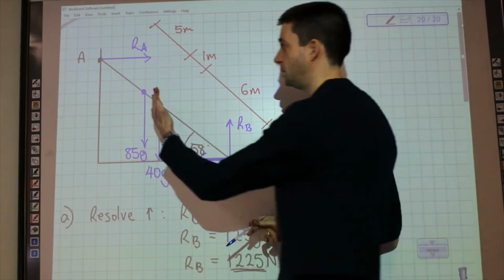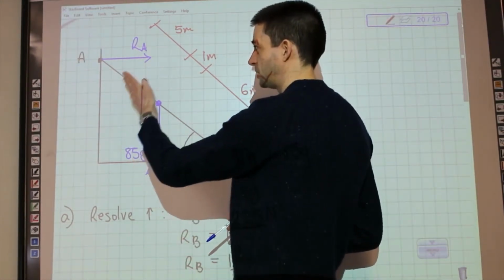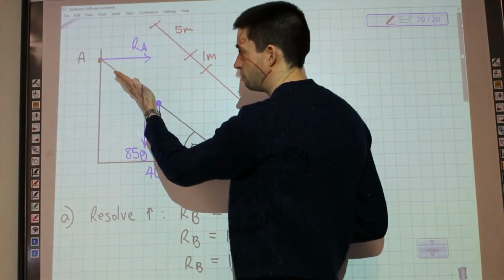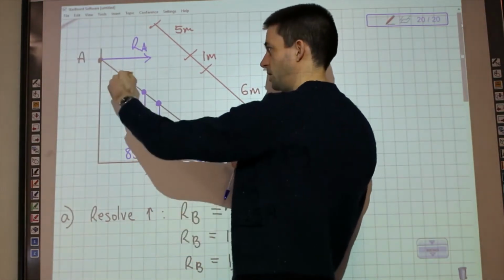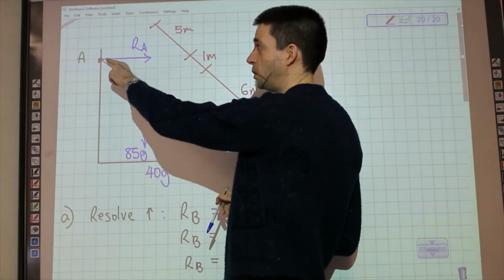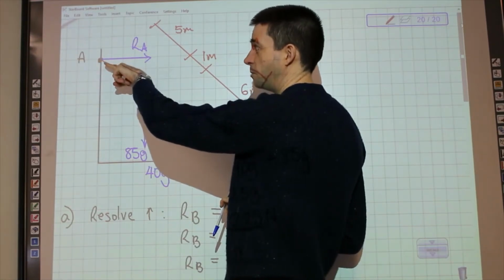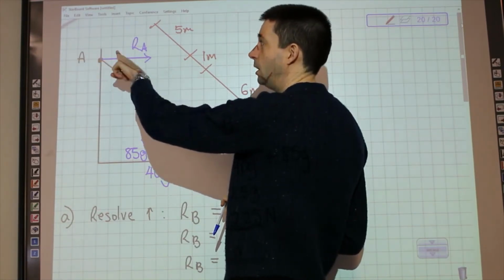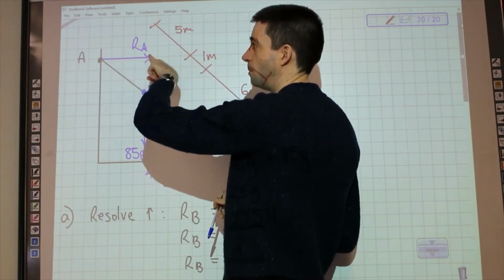Because if the man moves further up the ladder, and you consider that what's happening is, as he does that, he's exerting a greater moment on the ladder here, because he's moving further away from this pivot point, there would be more force from the ladder pushing into the wall at A. And what that would mean is, if you're pushing into the wall with more force at the top of the ladder, there would be more reaction force coming back at you from the wall.